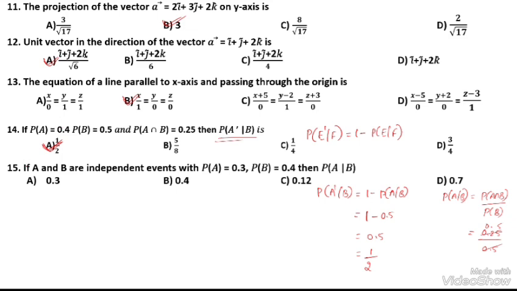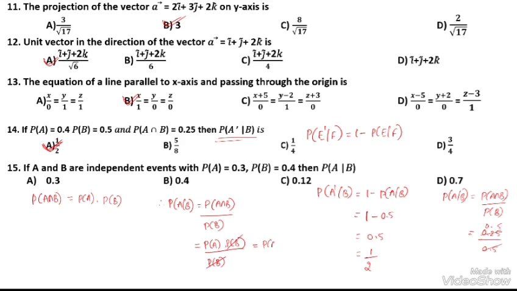Now, question number 50. If A and B are independent, we already know the property for independent events, that is probability of A intersection B is equal to probability of A into probability of B. We want probability of A on B, that is probability of A intersection B divided by probability of B. I can take probability of A intersection B as probability of A into probability of B divided by probability of B. This one can cancel.